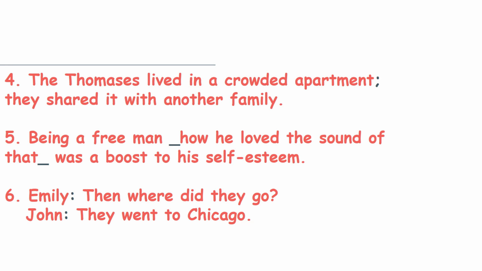That's why I put the dashes. And there is a hyphen between self and esteem. Number 6, Emily: Then where did they go? John: They went to Chicago. So here, as you can see, after the names in the play, Emily and John, I put the colons because they are names in a play.